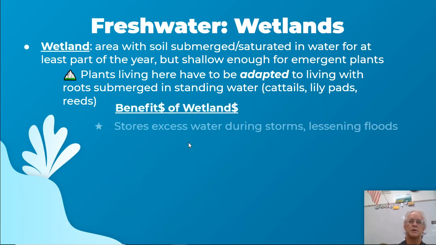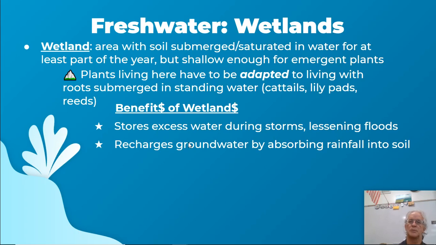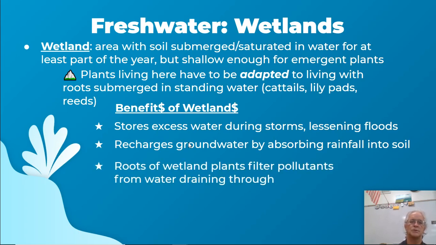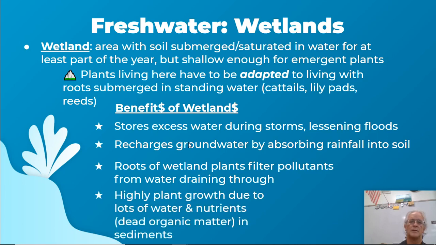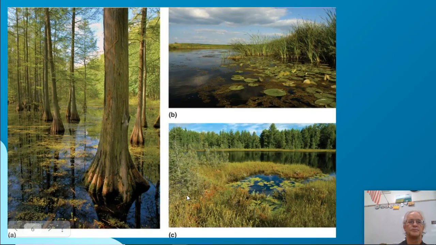The benefits of wetlands: they store excess water during storms, lessening floods. They recharge groundwater by absorbing rainfall into the soil. The roots of wetland plants filter pollutants from water draining through. There is high plant growth due to lots of water and nutrients from the dead organic material in the plants.